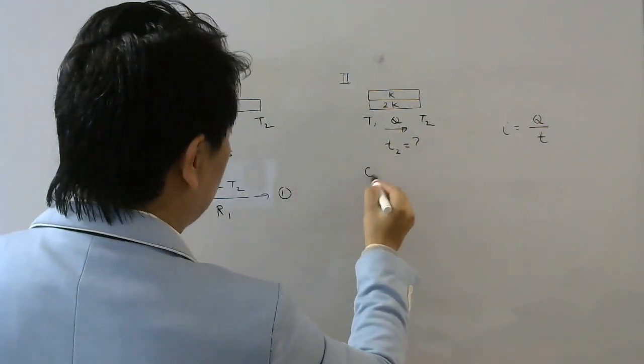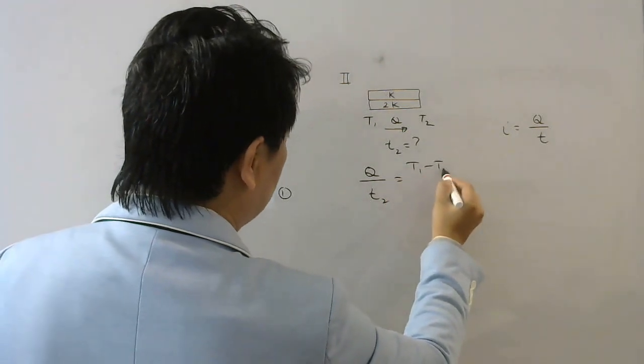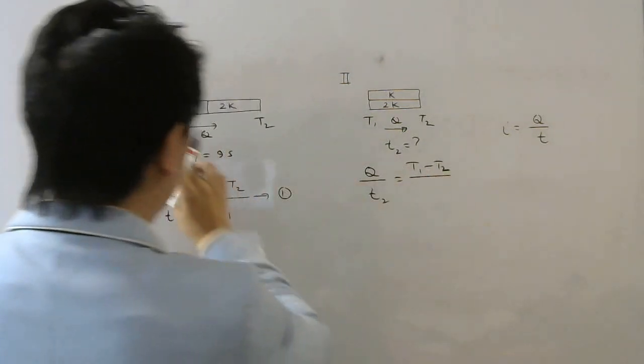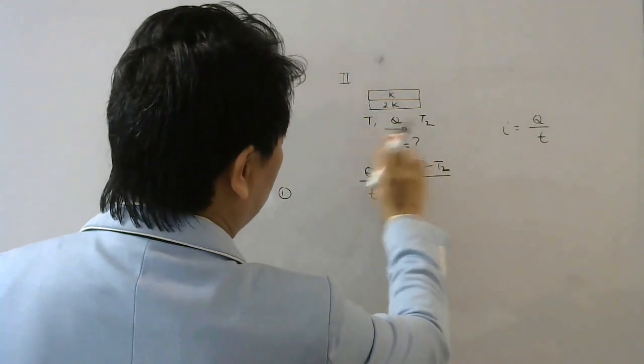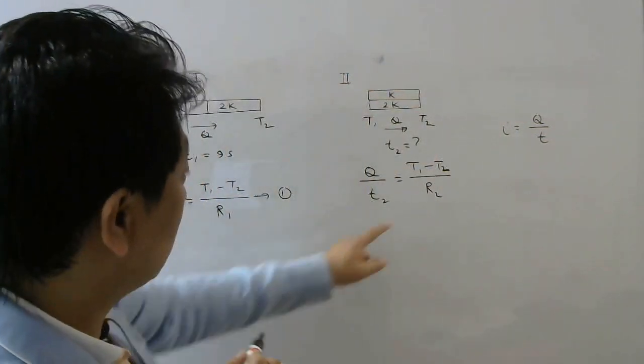Same thing if I do here, Q is same, time taken is different, temperature difference is same, right? Whatever temperature difference is here, same temperature difference is here. Of course, the resistance in parallel will be different, so R2.